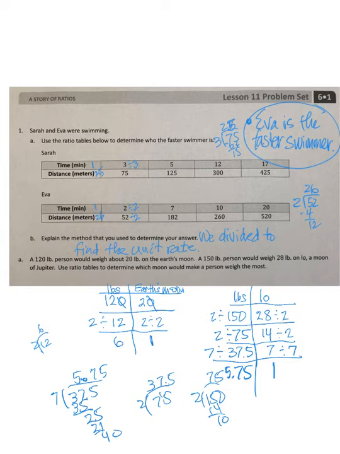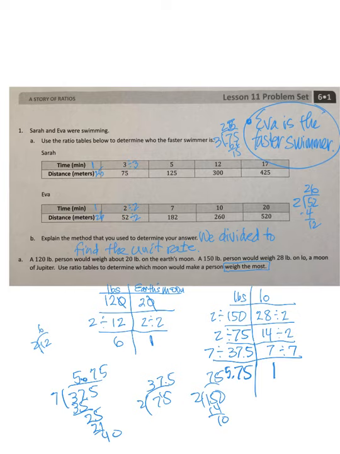You know what? This is really close. So use ratio tables to determine which moon would make a person weigh the most. So if you weighed on Io a pound, this is what you weigh on Earth, this is what you weigh on Io.